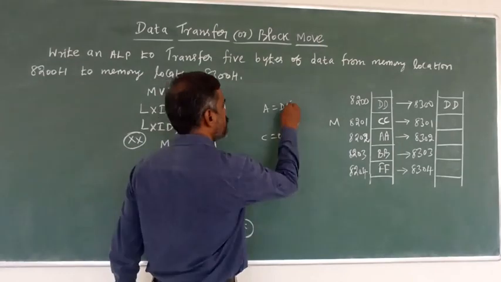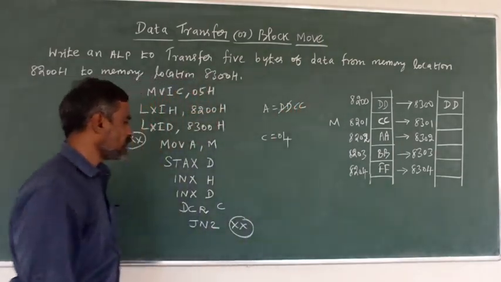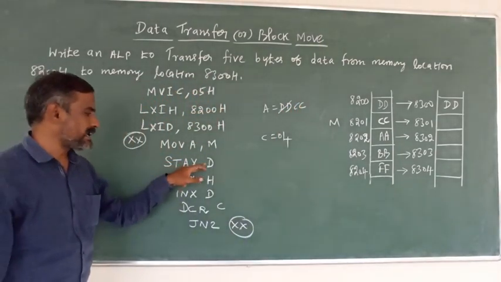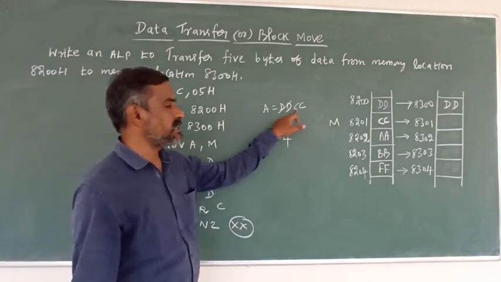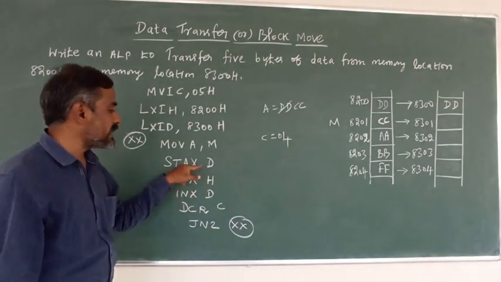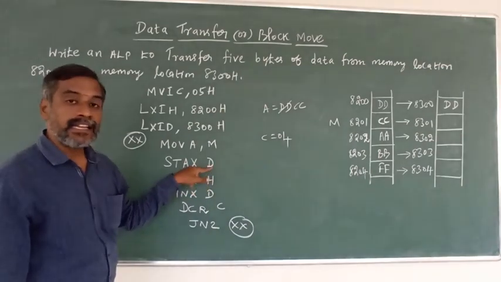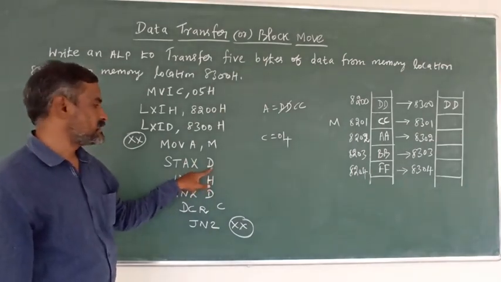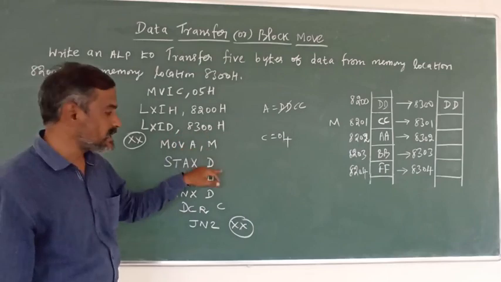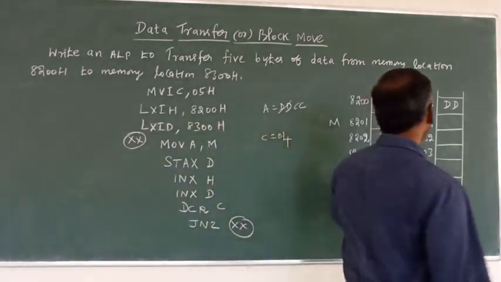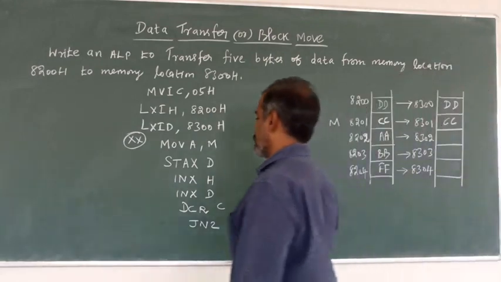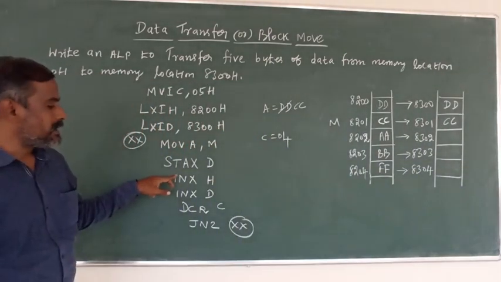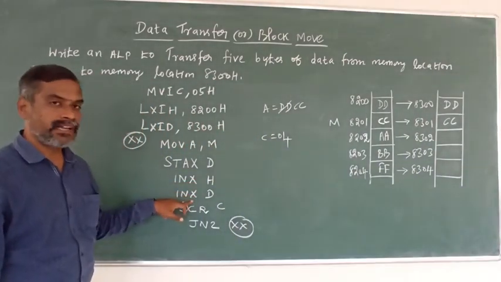Now the accumulator holds CC. Okay. Now STAX D means store the accumulator data CC indirectly at the DE register pair address 8301. Now C data is stored. After that, INX H and INX D.